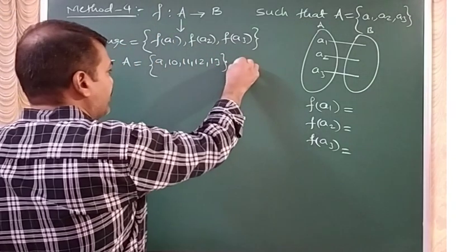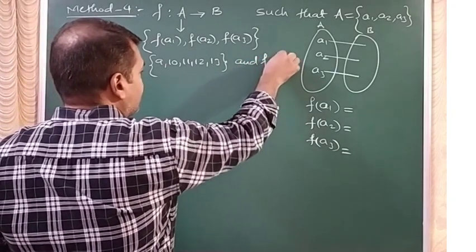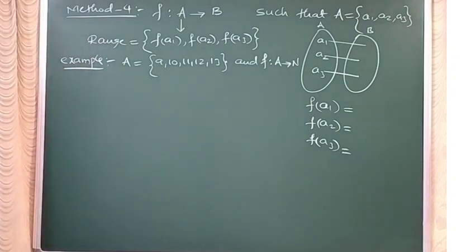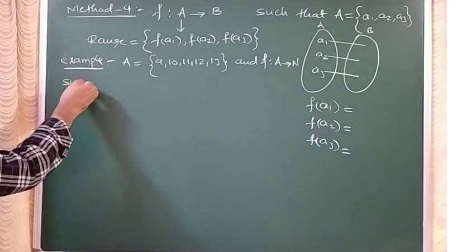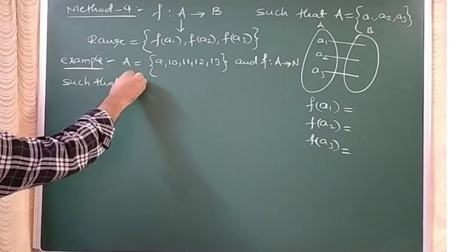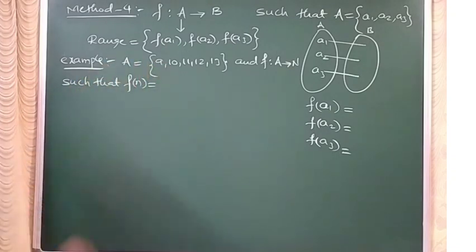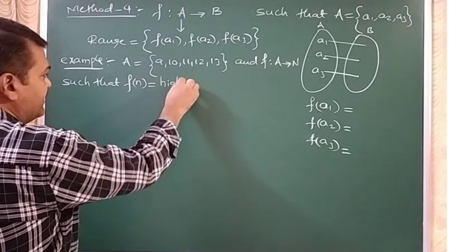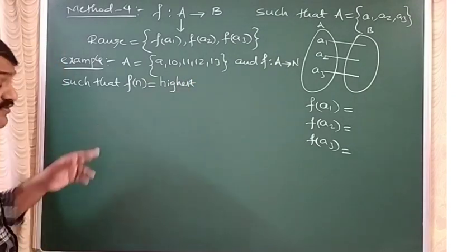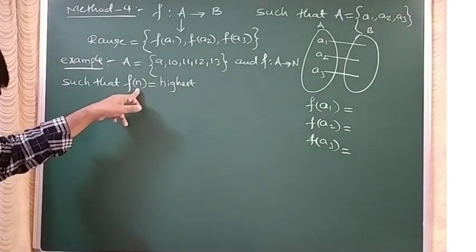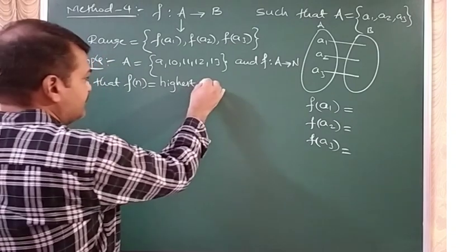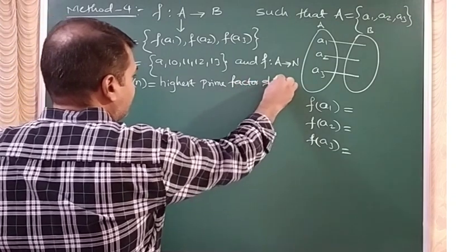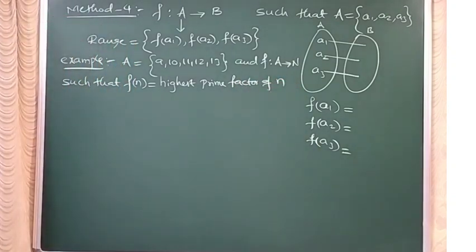And f maps A to N is some function defined such that f of n, meaning the image of some element n, is defined as the highest prime factor of n. F of n is defined like this.